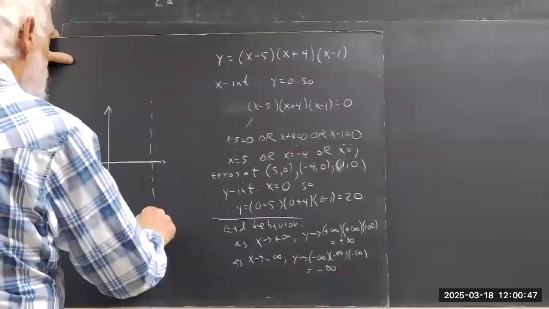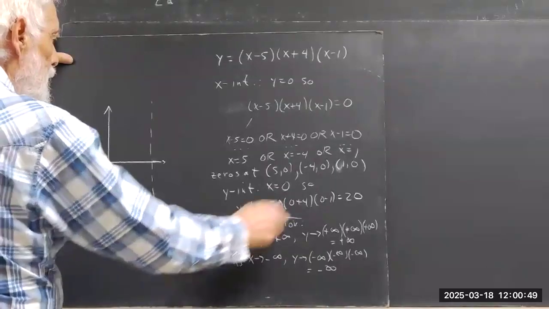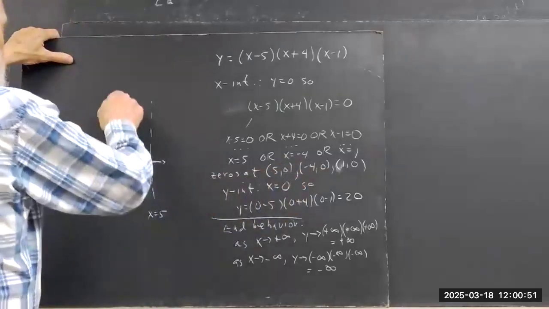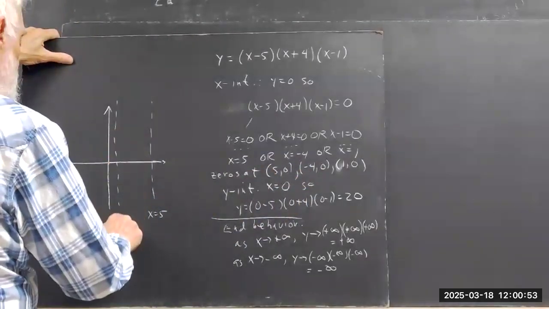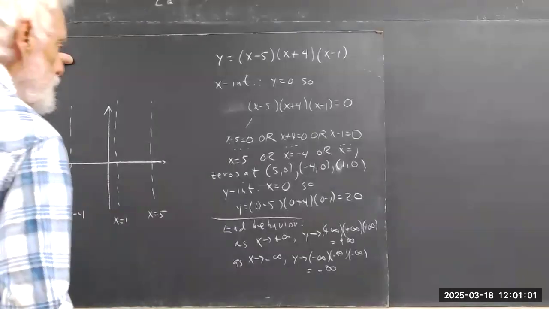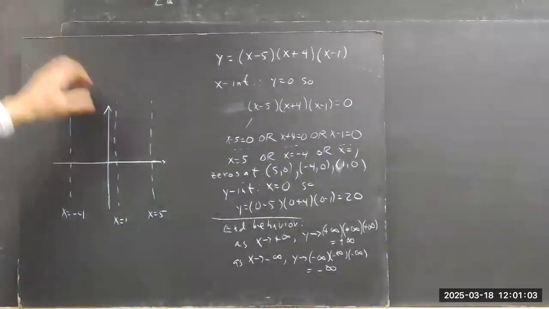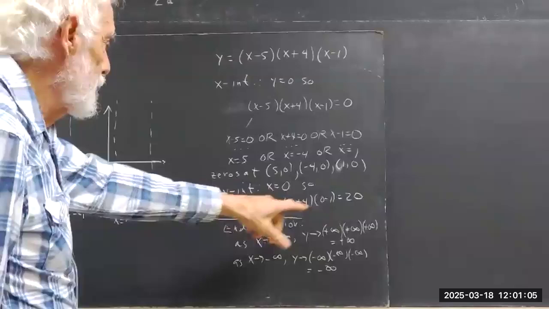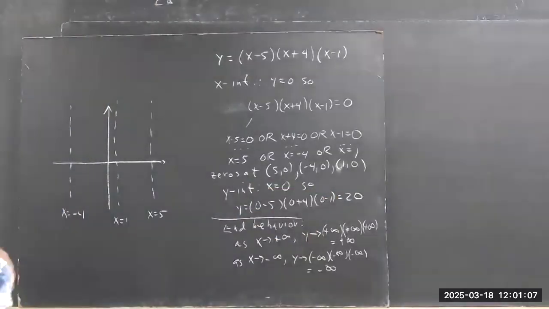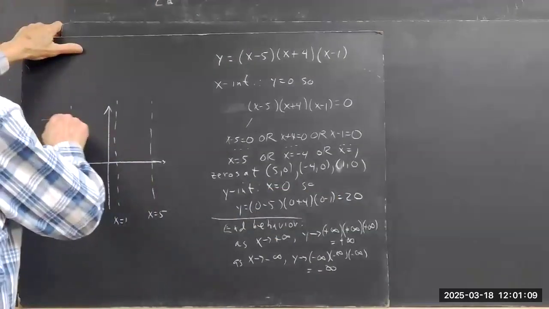Put x equals 5 out here. At x equals 1, so let's put x equals 1 here. The y-intercept is at 20. So the y-intercept is at (0, 20).